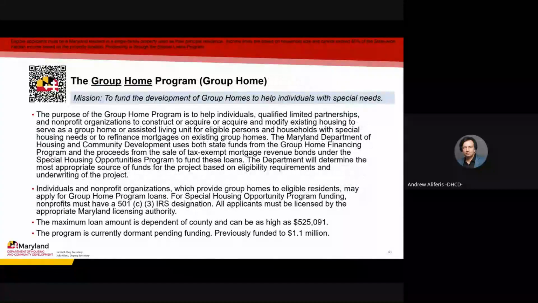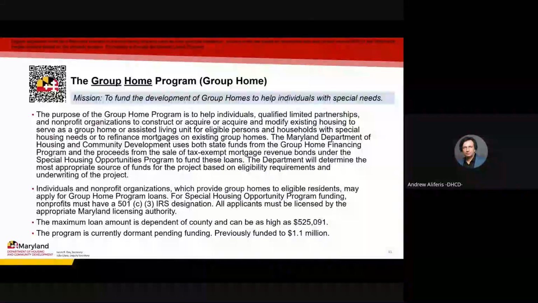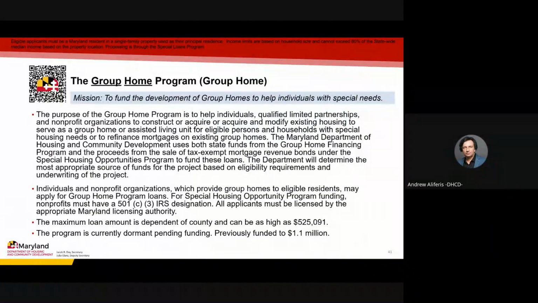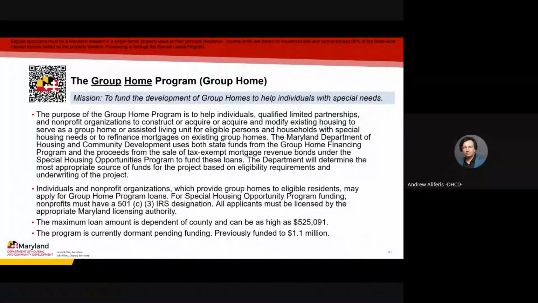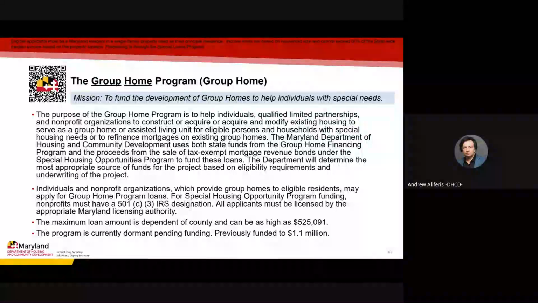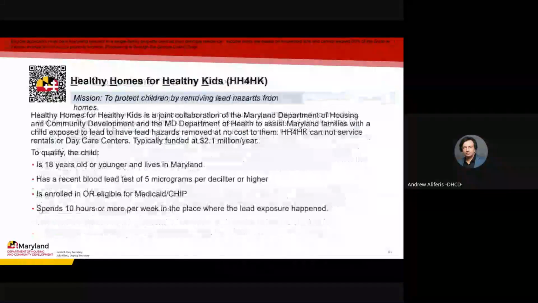The group home program, this one is on hold, but we would typically receive a little over $1 million to fund group homes, where transient individuals who might have some form of addiction would find a place to live as they are getting therapy to get off of their addiction. Next slide.